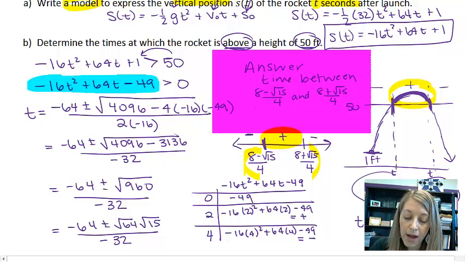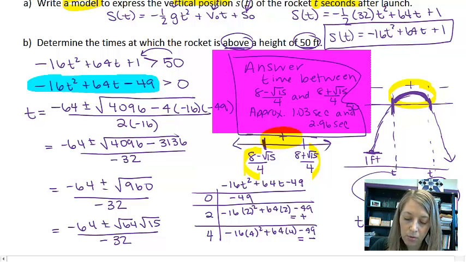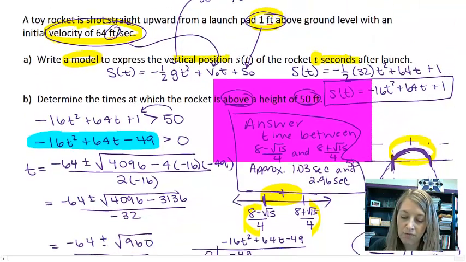And if you wanted approximate values, then that would make perfect sense. Between approximately 1.03 seconds and 2.96 seconds. Sorry, that's kind of all mumbled jumbled in there. I ran out of room. So there is my final answer.